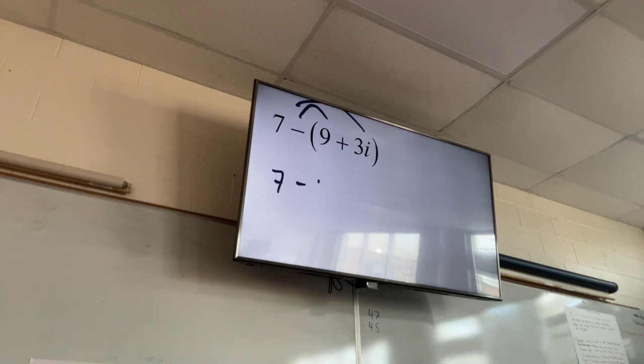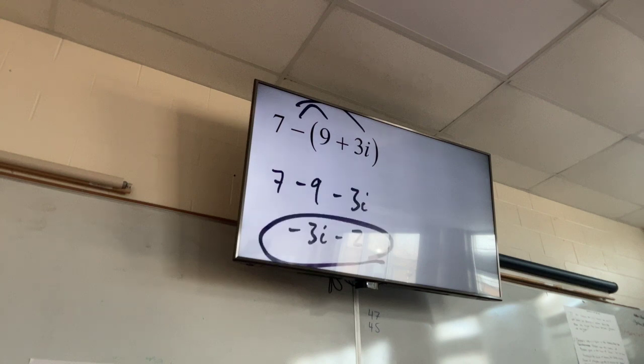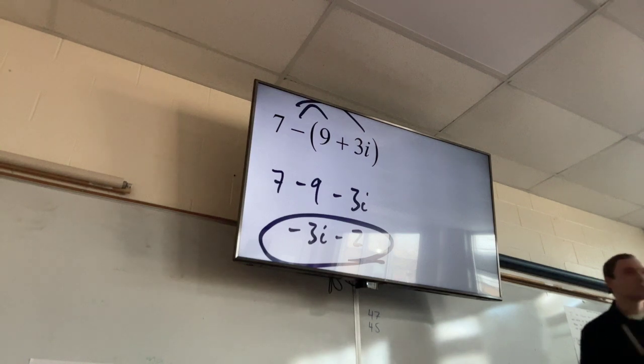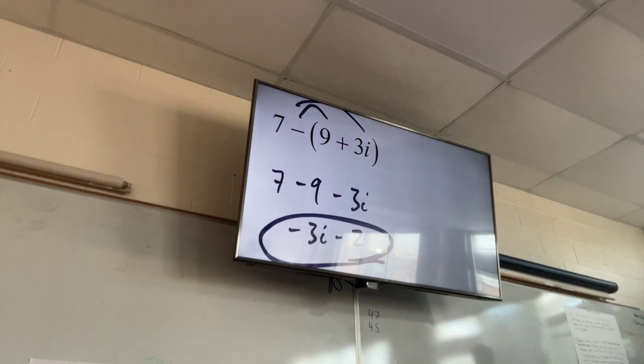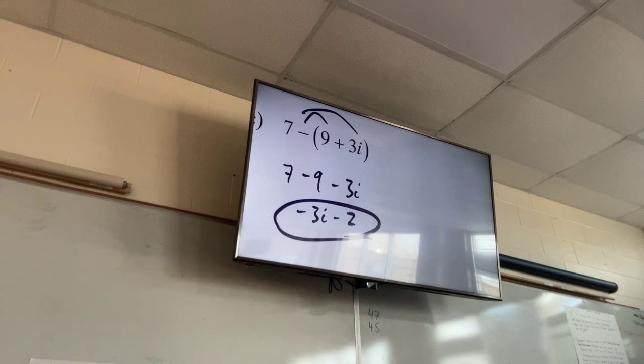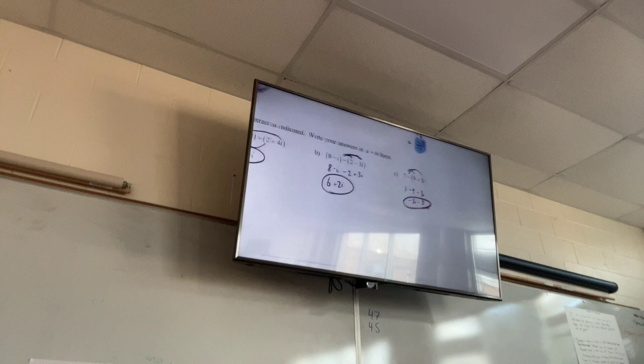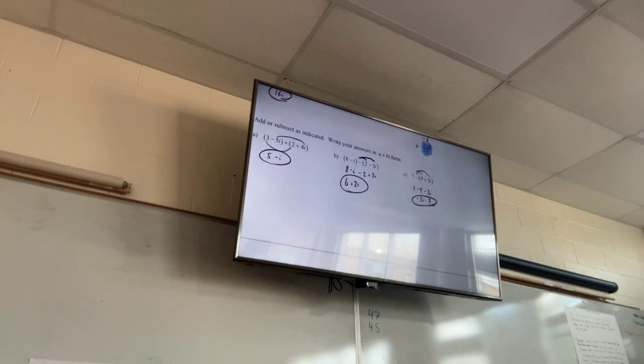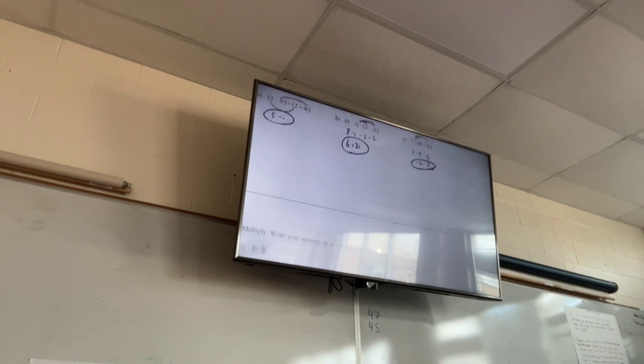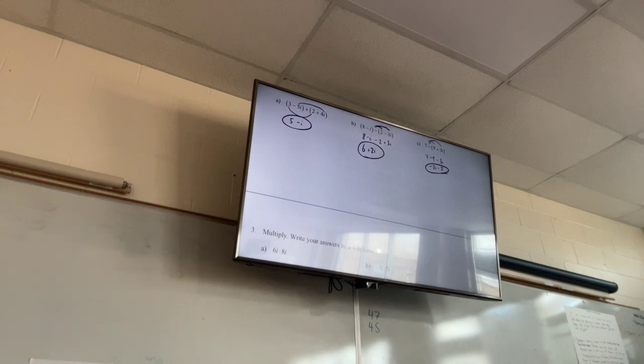So 7 minus 9 minus 3i, negative 3i minus 2. Alright, can I move on? I'm going to move on.